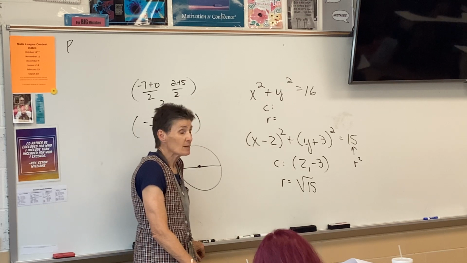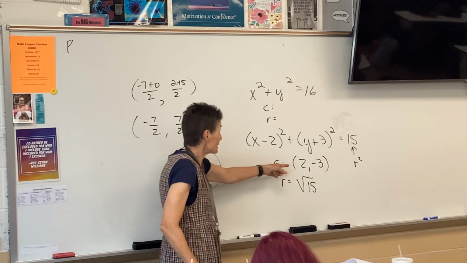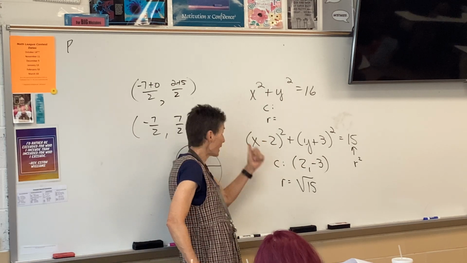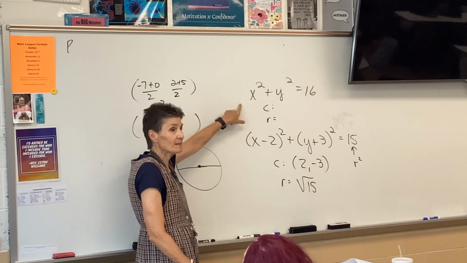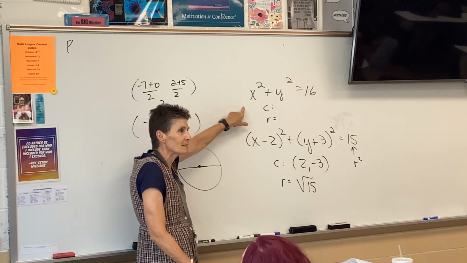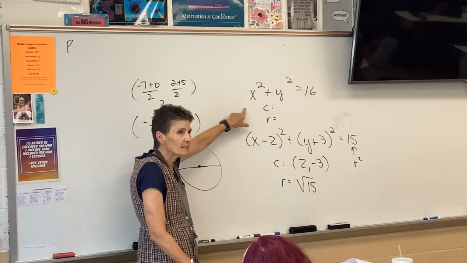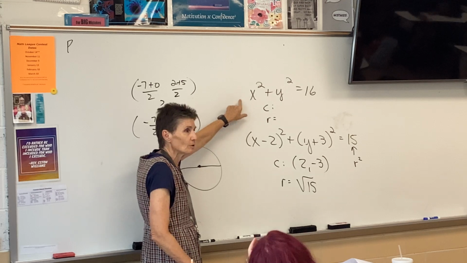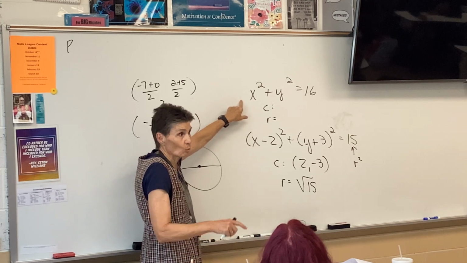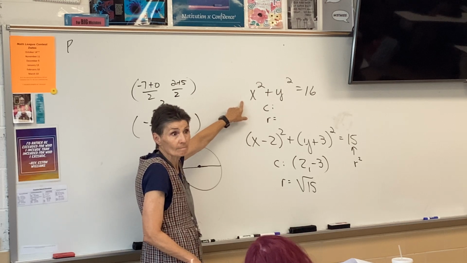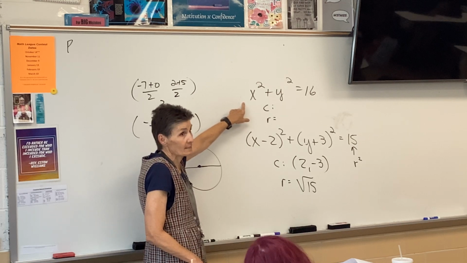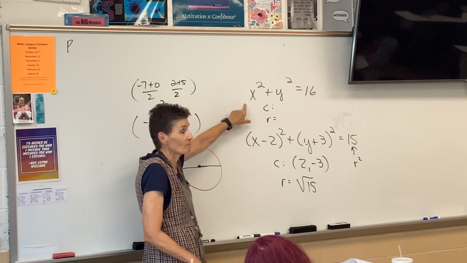If I give you any equation of a circle, you can look at it and say, okay, here's the center, here's the radius. So what about this one? This one looks a little bit different. Any ideas about where the center or the radius even is for this guy? That is a great guess, and I understand where it's coming from.